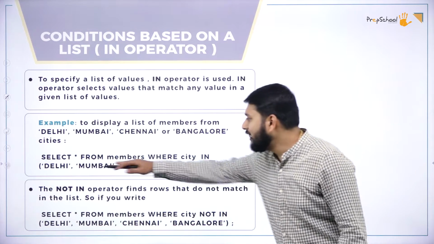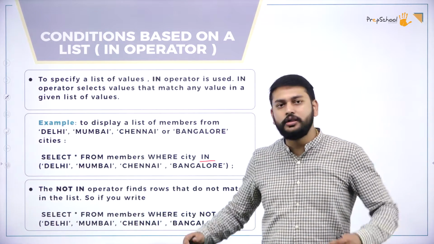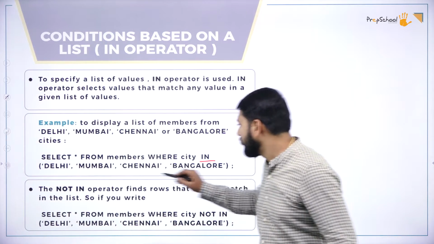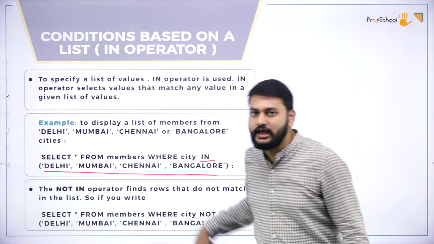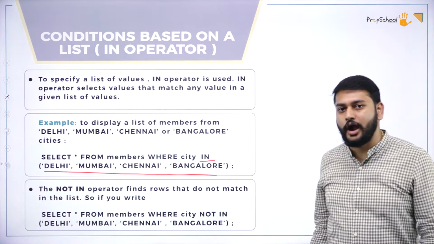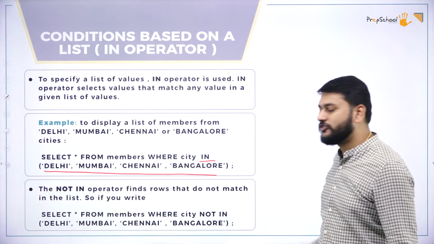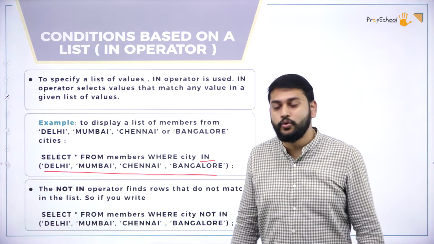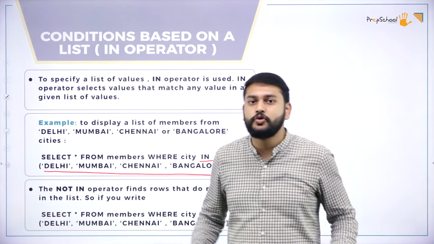I want to see the information of all the people in this table who are from these cities. I don't want anybody else. I have 25 cities. I don't want to see all those cities, but I want the data of the people who are from these cities. So that's how IN is working. Opposite to that, NOT IN is working. That's what you have to understand.